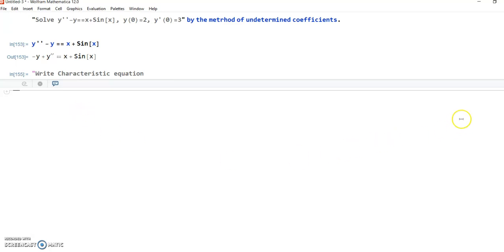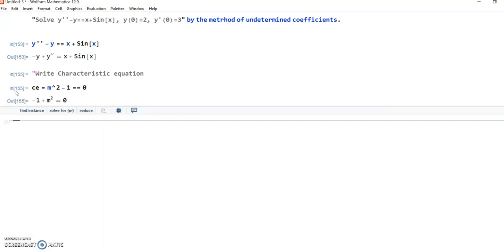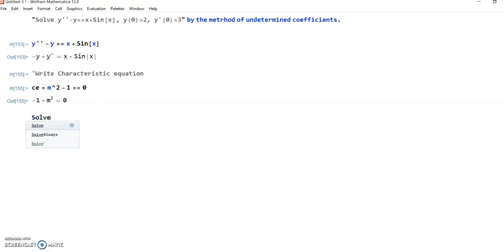Okay, the characteristic equation. So maybe I put a variable CE is equal to m square minus 1. So this will be the characteristic equation. Now solve this characteristic equation. Solve CE with respect to m.